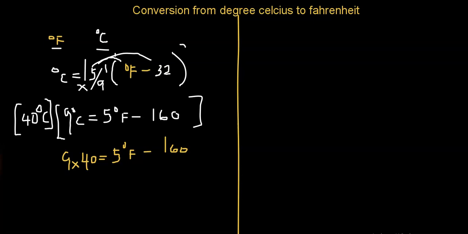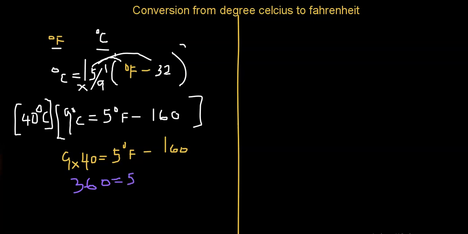I hope you understand that. Good. Now, to continue, we have it that 9 times 40 gives us what? Please, I need a response. 360. Good. 9 times 40 gives us 360.